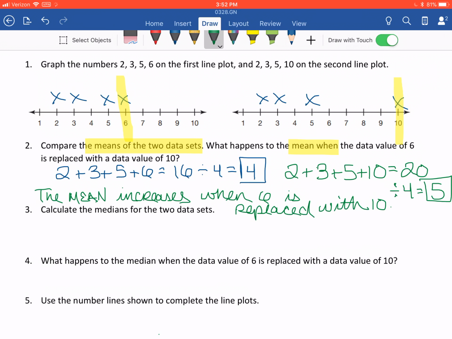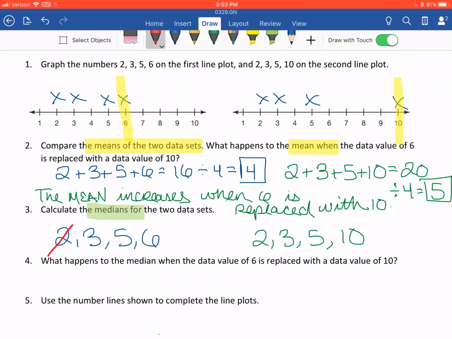Calculate the medians for the two data sets. Now I want the medians, so I need to put my numbers in order from least to greatest and then figure out what's in the middle. 2, 3, 5, 10. Let's figure out the median here.